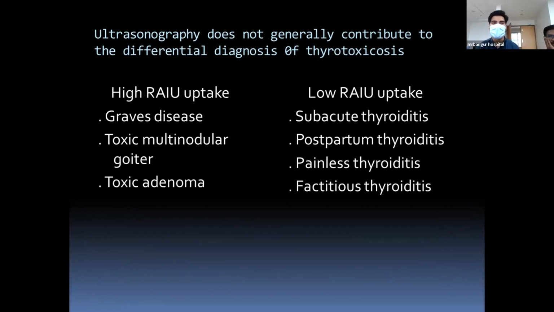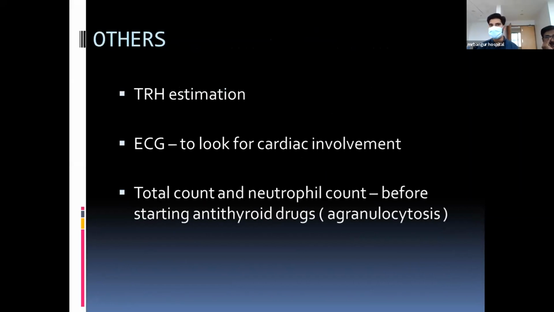We will see high radioactive iodine uptake in case of Graves' disease, toxic multinodular goiter, and toxic adenoma, while there will be low radioactive iodine uptake in case of subacute thyroiditis, postpartum thyroiditis, painless thyroiditis, and factitious thyroiditis. Other tests we will do: thyroid releasing hormone estimation, ECG to look for cardiac involvement, and total count and neutrophil count before starting anti-thyroid drugs, because they can cause agranulocytosis.